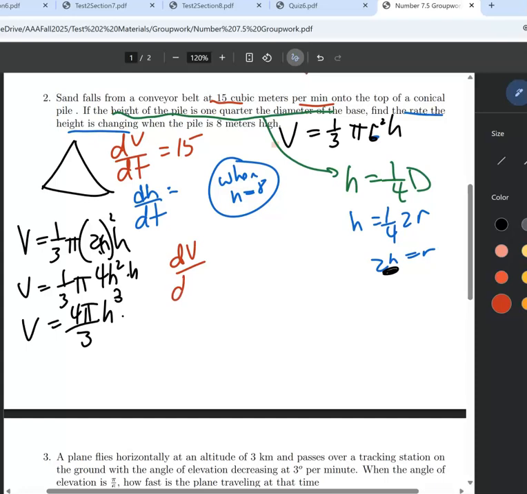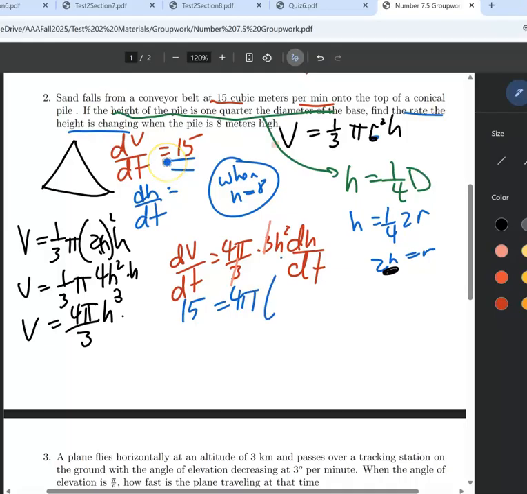So dv over dt, I'm going to carry this ugly 4/3 pi along, 3h squared times dh over dt. Then I'm going to cancel those 3's and see what I can plug in. I can put in 15 on this side, and I get 4 pi, and I'm going to plug in h is 8, and then I'm solving for dh over dt.